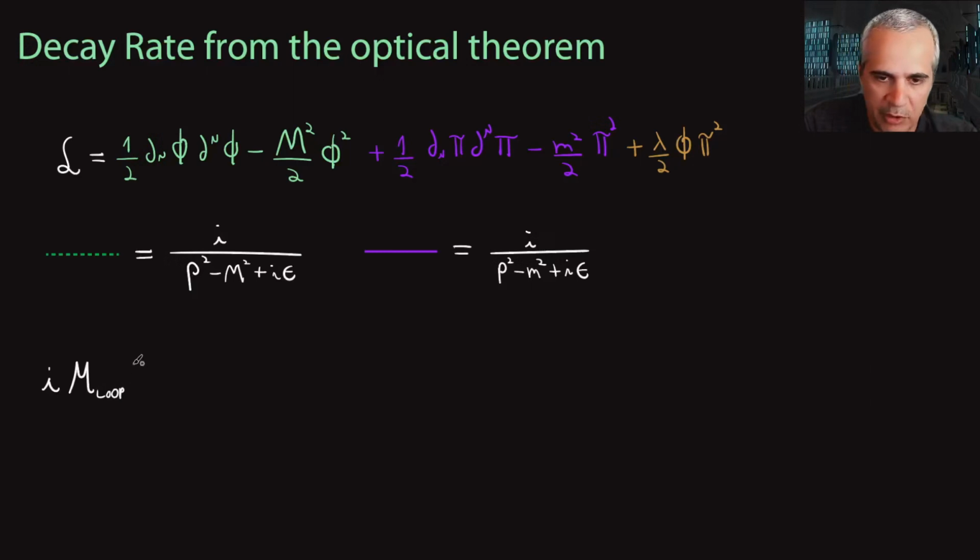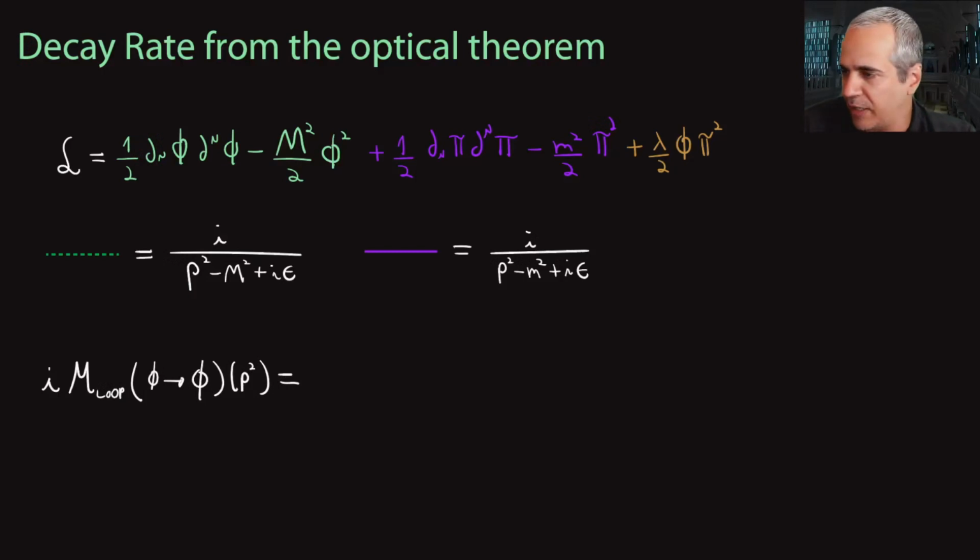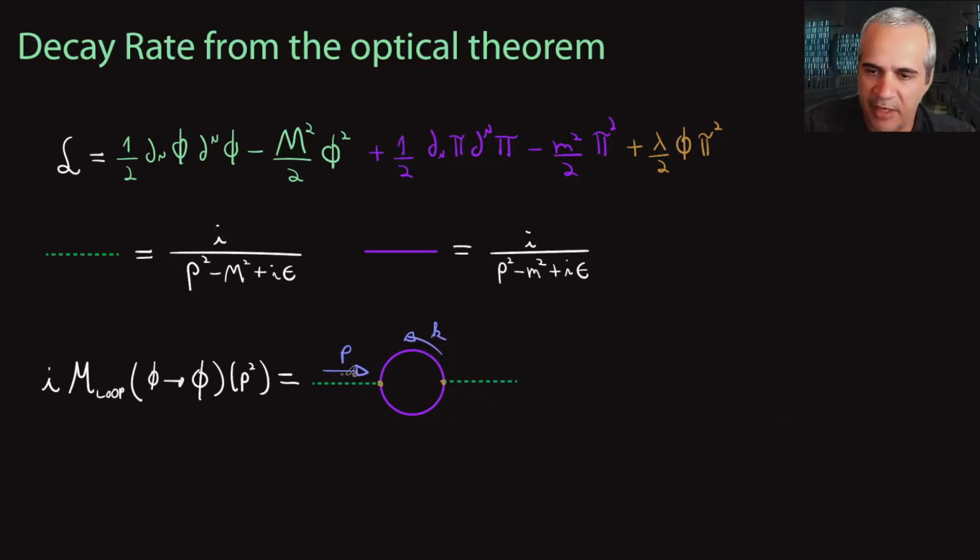So what I'm talking about here is a phi to phi one-loop diagram, as a function of some momentum p. The diagram I have in mind is this one. I start with a phi, I have this vertex coming from this interaction that produces two pi's, which then annihilate to form this phi again.